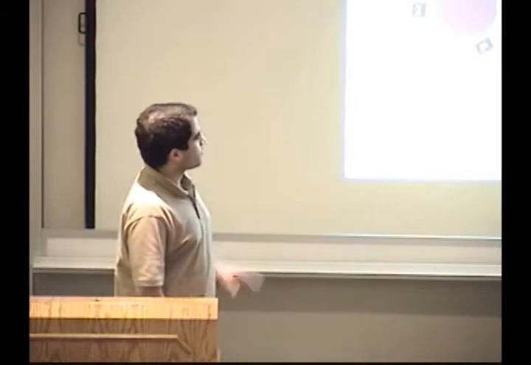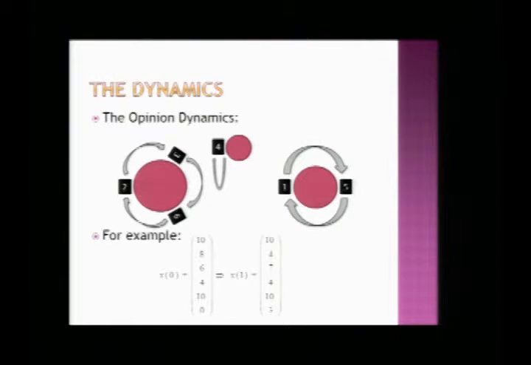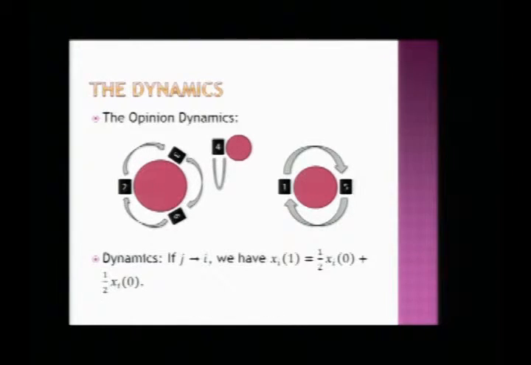If the jth person tells about his opinion at time 0 to the ith person, the ith person's opinion at time 1 will be the average of these 2. So this is a hypothetical dynamics.